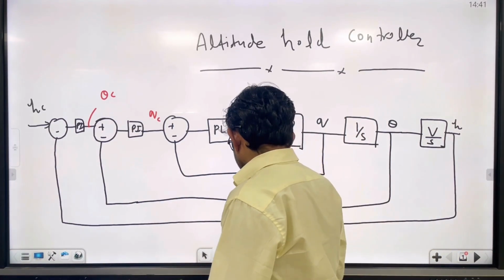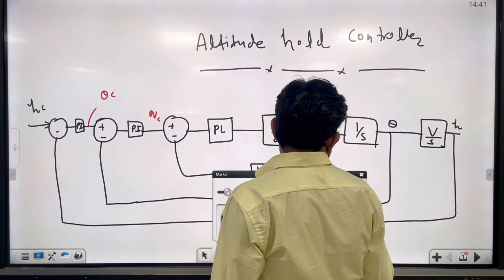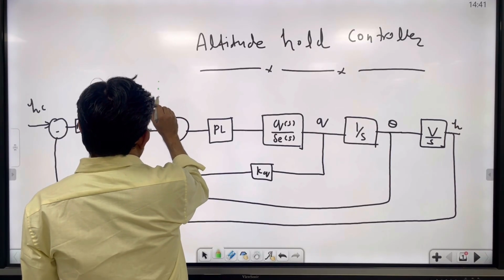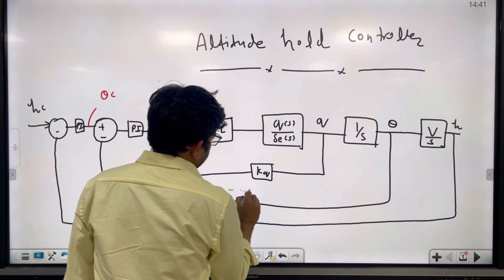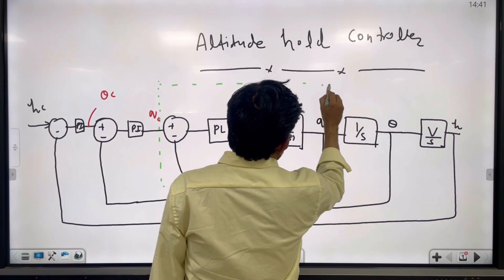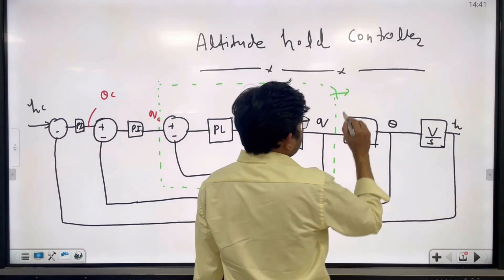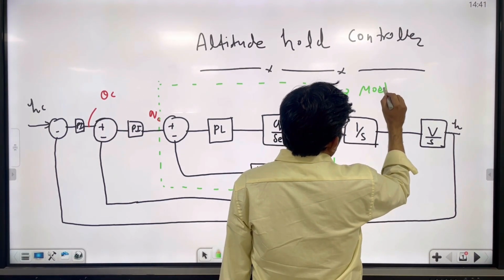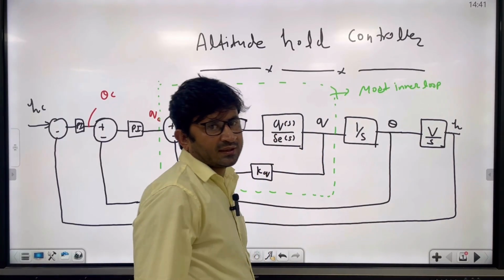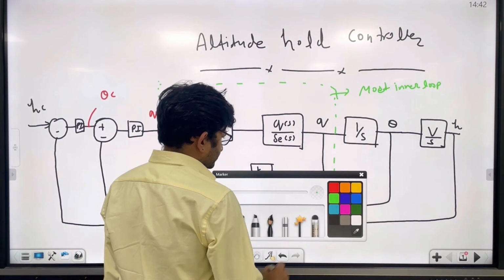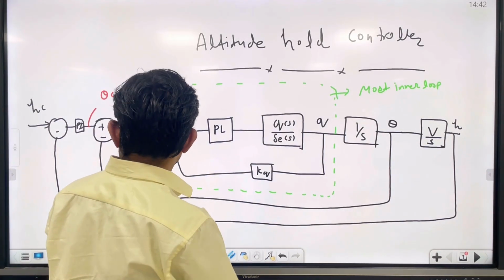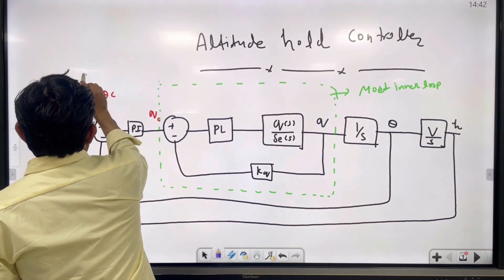So the most inner loop is what? This, right? Starting from the Q command and ending with this. So basically this is called the most inner loop. You can just call it the inner loop. And after this, the theta command is generated here.